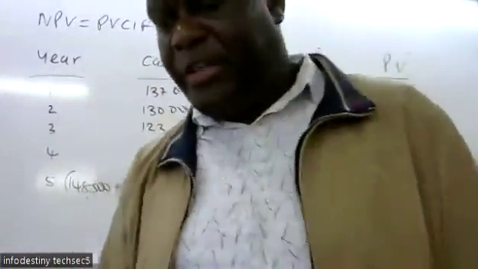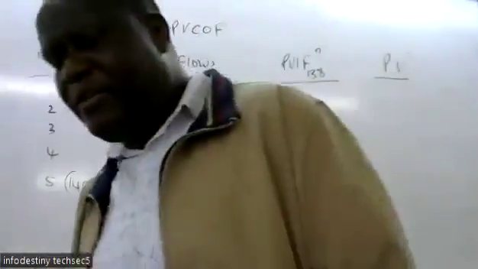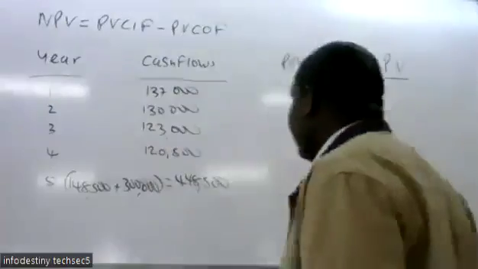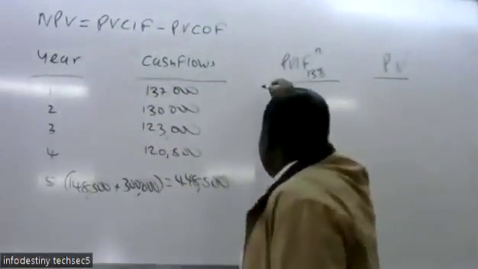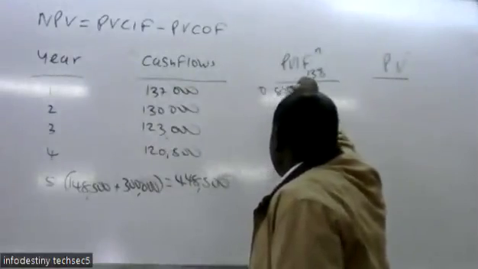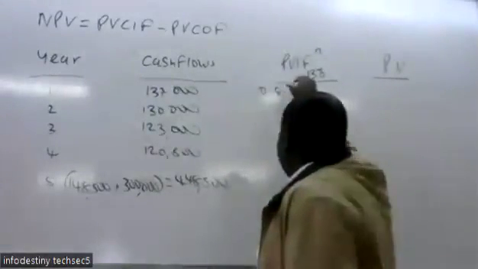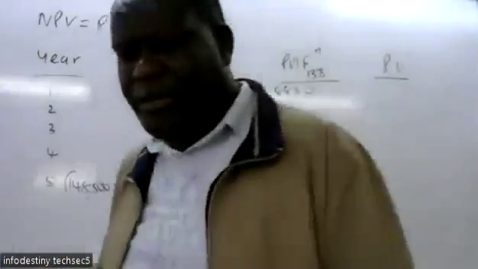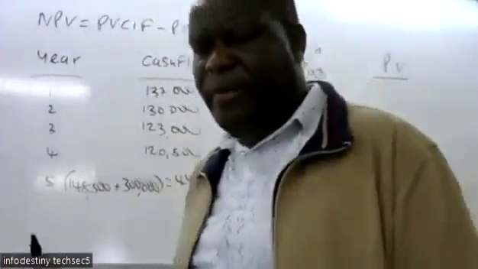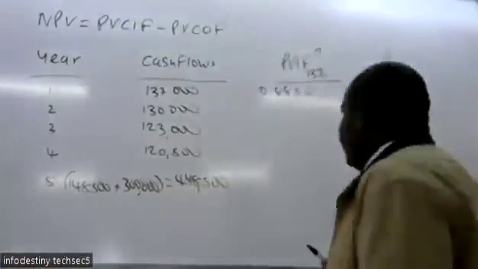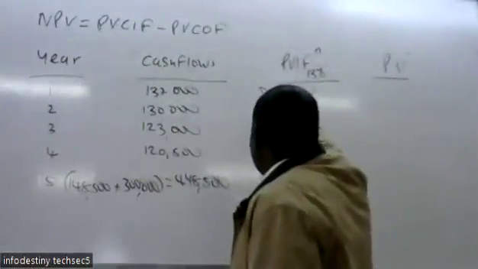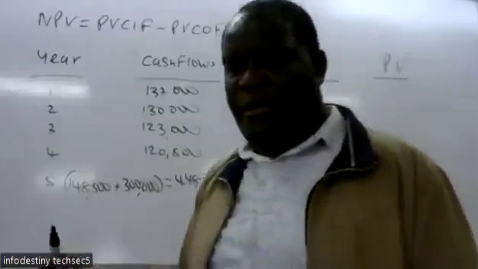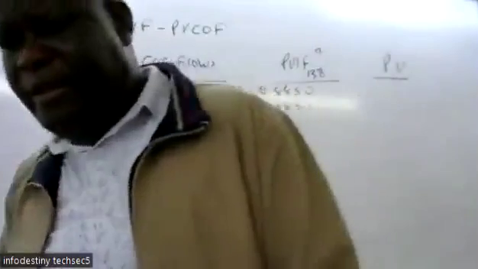When we check in the table, year one is 0.8850. Year two is 0.7831. Then year three, is it 0.6931?